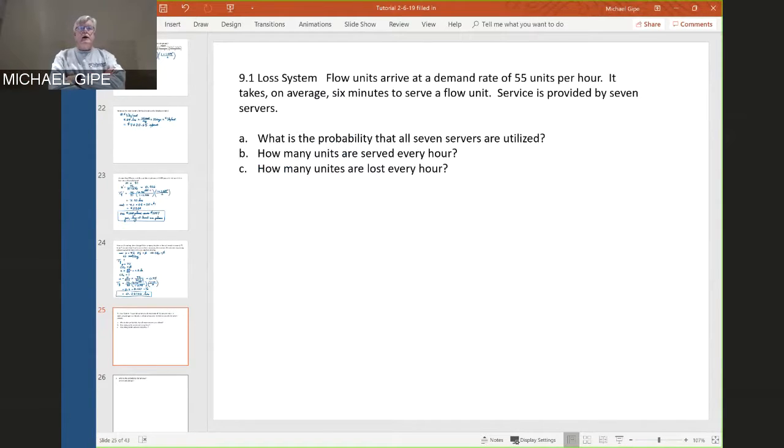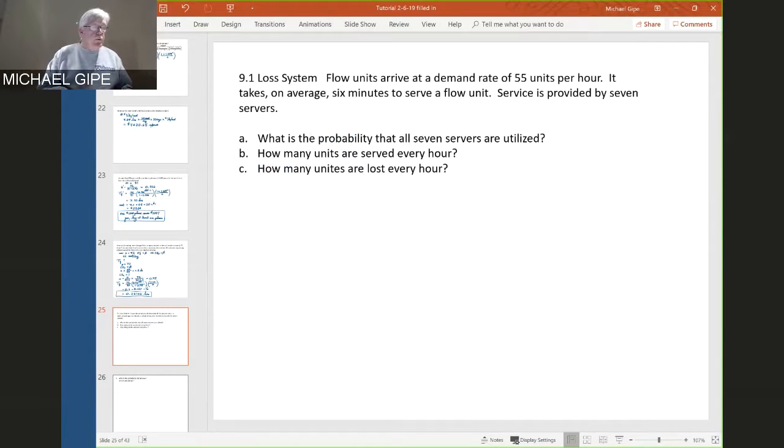If a demand comes in to our process and the process is not available, that demand is lost. So this is the other end of the spectrum, where we have no waiting time, no queue, and we have losses based on the variability of incoming rate and processing time.